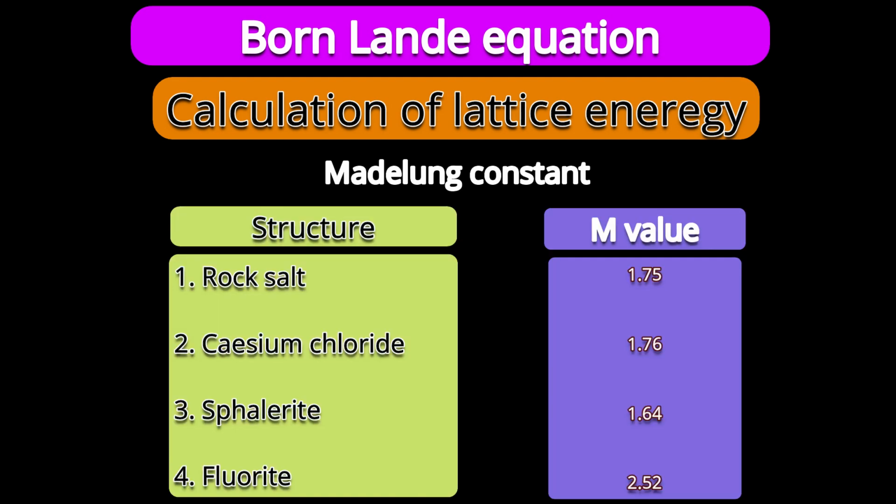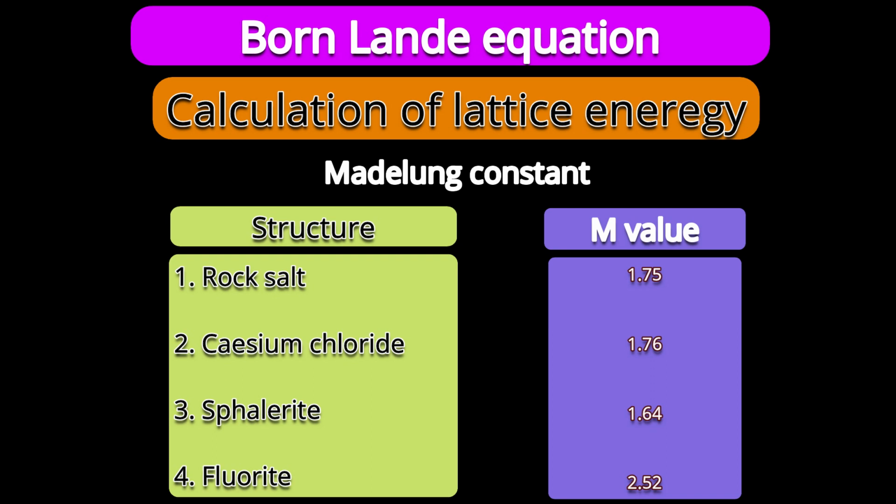See here how the Madelung constant varies with change in the crystal lattice. Different crystal structures are represented and the Madelung constant is written there. Sodium chloride, the rock salt structure, 1.75. Cesium chloride, a new type of structure.